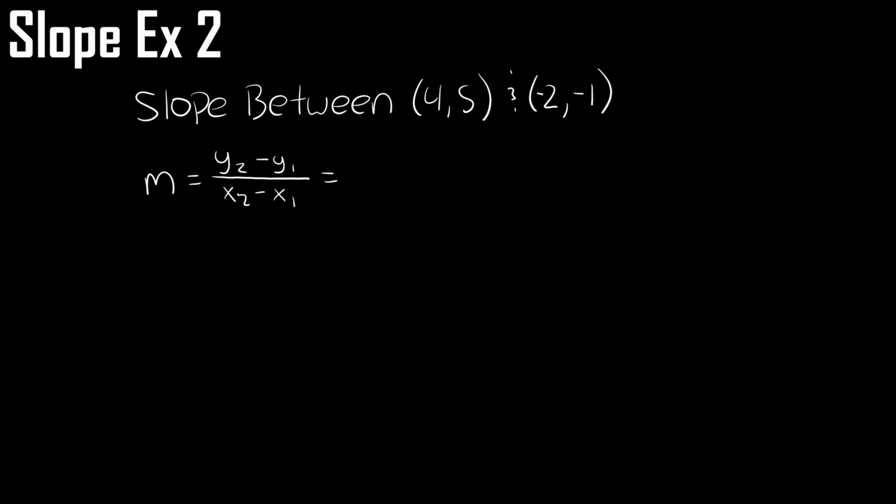So we're going to get negative 1 minus 5 over negative 2 minus 4. This equals negative 6 over negative 6, which equals 1. We can interpret this as the line rises by 1 unit vertically for each unit moved right.